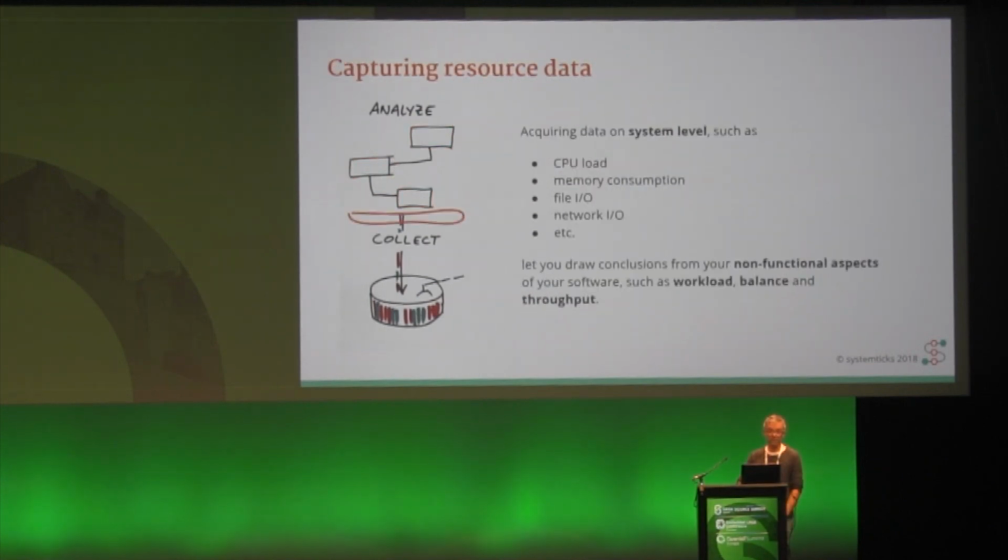The third part of the data we are collecting is resource data. It's on the system level, the non-functional data, like CPU consumption, things like that, to be able to correlate non-functional data together with functional data.